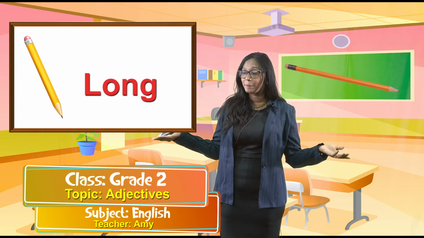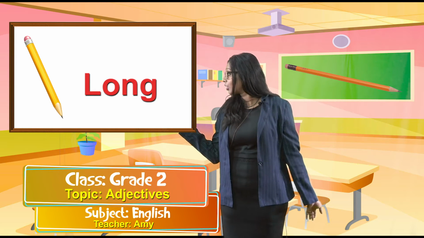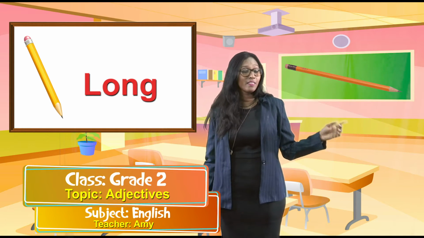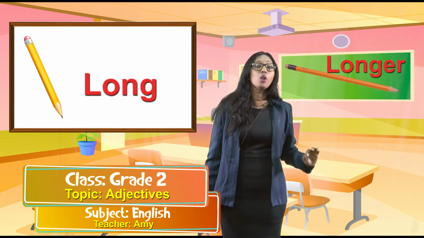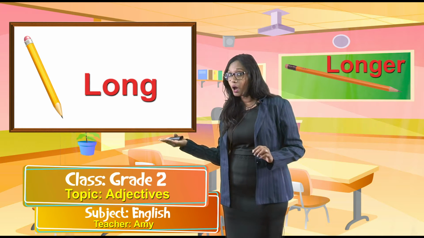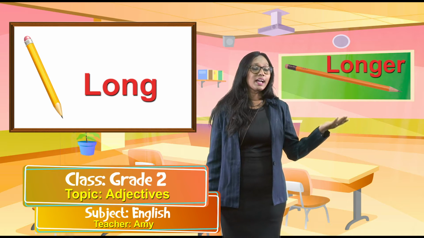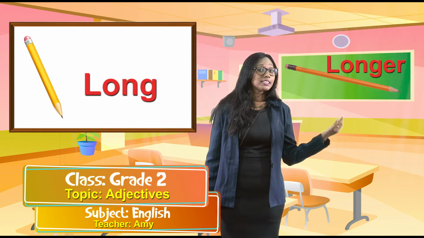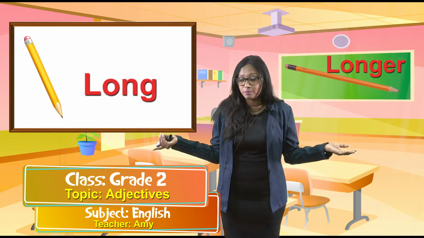We have a long pencil, but when we compare this pencil to this one here, this pencil is longer. So L-O-N-G for long and L-O-N-G-E-R. We add ER to this adjective to compare it to the other object.